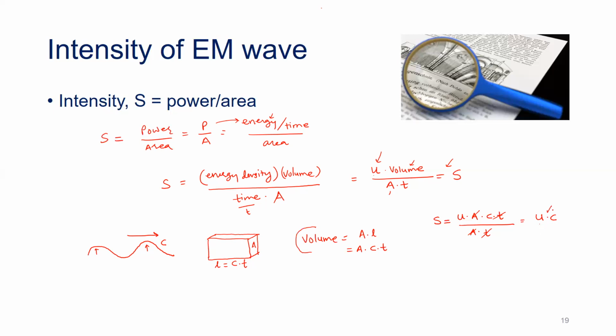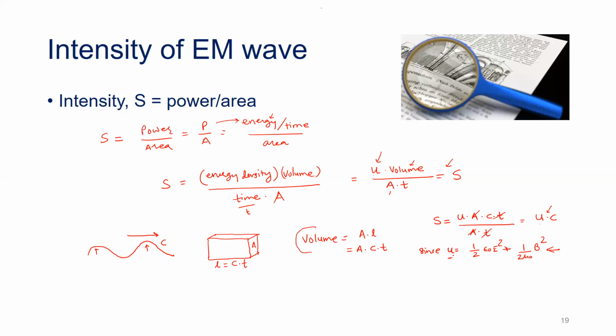Now we can further expand this expression. We know that U is equal to half epsilon 0 E squared plus half times mu naught times B squared. We derived this expression in the previous module. This is the expression for the electromagnetic energy density.